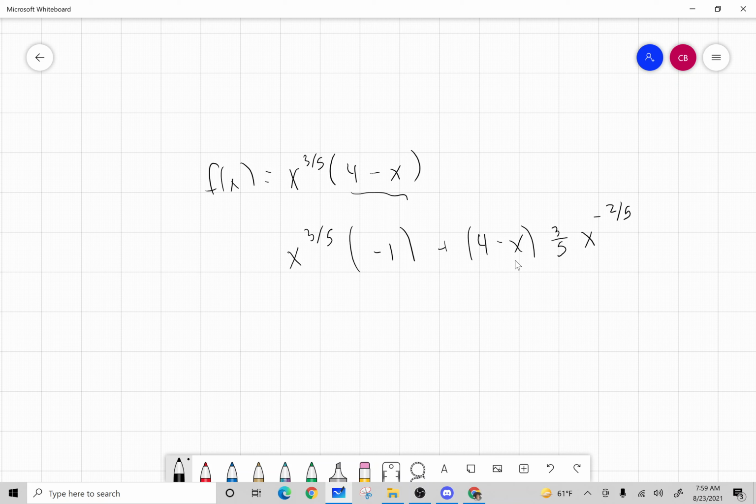And then this is going to be negative x to the 3/5 plus 12/5 x to the -2/5.